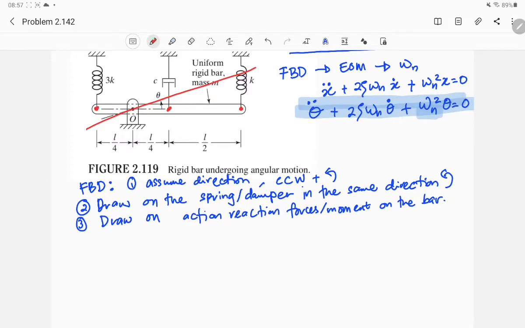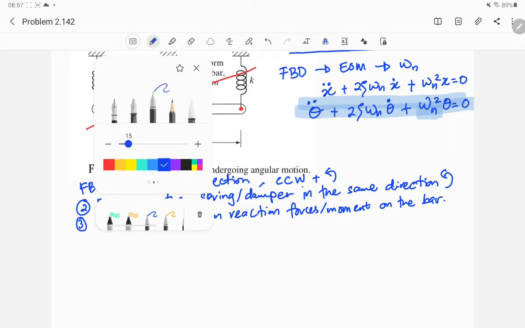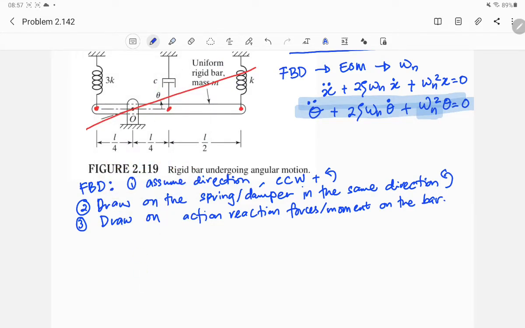So if I want to draw it here, I'm going to see that my 3K would actually go down, because that side would go down, and then you have your C. This C would actually go up.